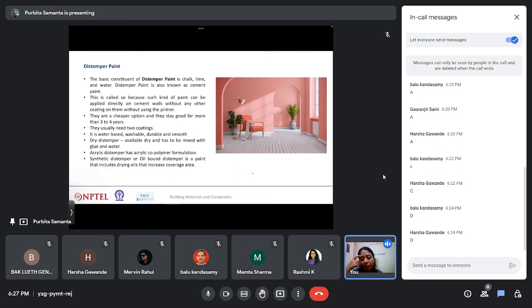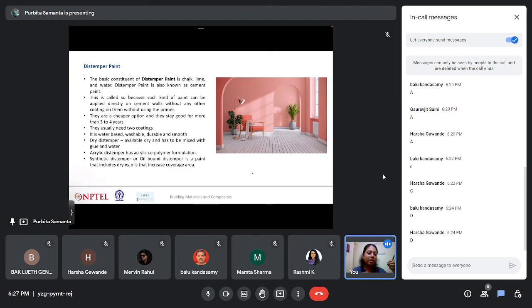So even in distemper paints, we'll find numerous types, and the different paint companies have a wide range. There's not just one distemper paint. There can be several segments in distemper paint itself. The basic constituents may be the same, however there are changes in some of the components.